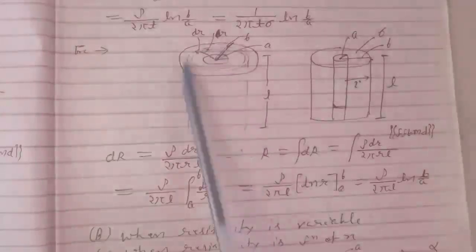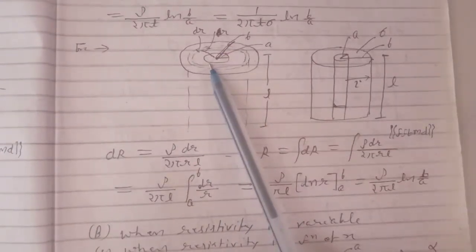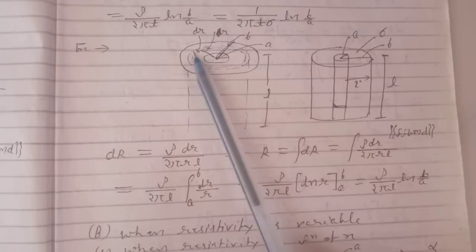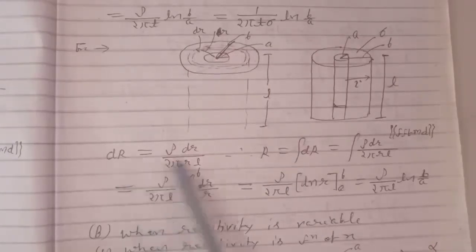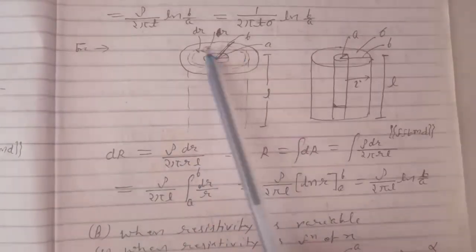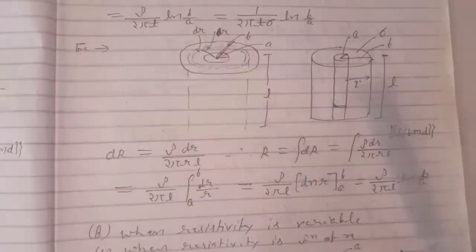Now again we take an elementary ring at a distance r of thickness dr, then dR will be rho dr by 2 pi r into l, which is the area of cross section for current to flow in this direction.